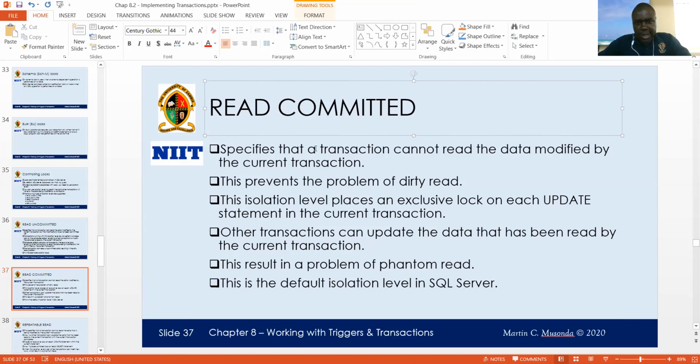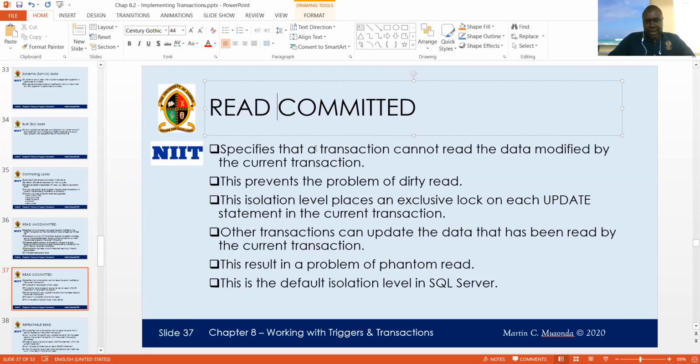This isolation level places an exclusive lock on each update statement in the current transaction. Exclusive lock means that no other transaction will be able to access that piece of information until that statement has been completed.